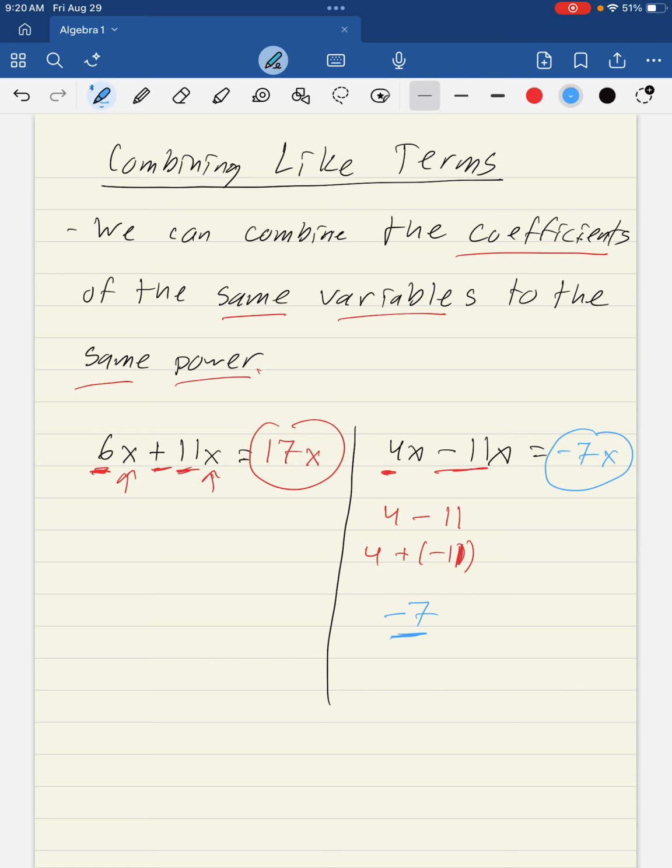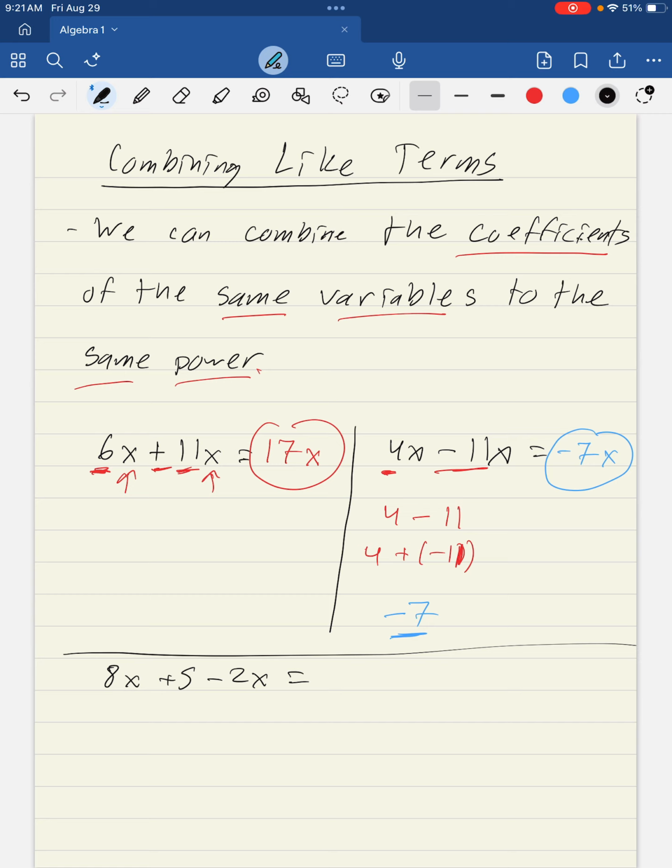Let me show you one more. So let me just erase a little bit there. And this guy here, I'm going to add one extra thing. 8x plus 5 minus 2x. What do we do here?